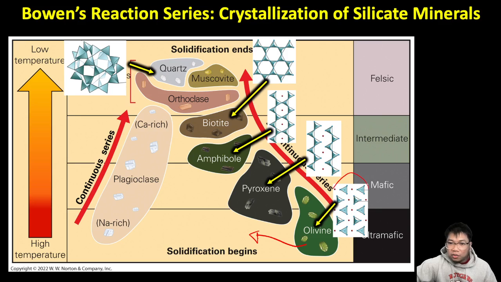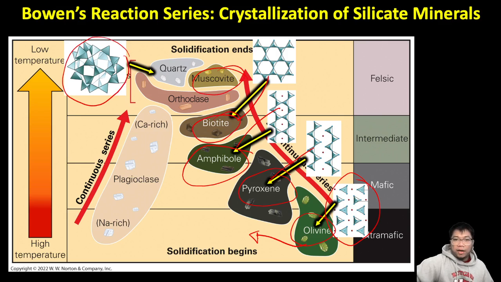Here we have isolated tetrahedra for olivine, and then it goes to single chain tetrahedra for pyroxene, and then we have double chain tetrahedra for amphibole, and eventually we got sheet-like tetrahedra for biotite and muscovite, as well as the last one, the three-dimensional framework of tetrahedra that represents quartz, orthoclase, as well as plagioclase.